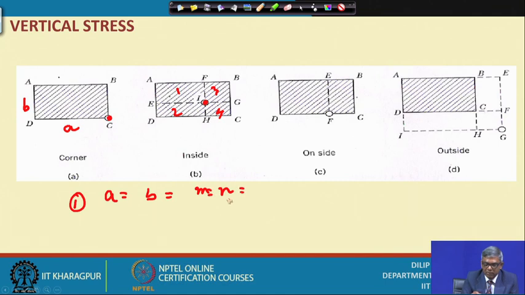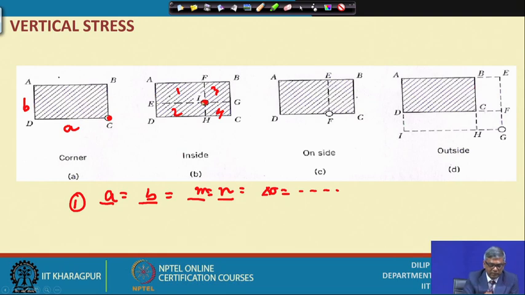I have to find these out and then apply the corner formula. Then what I will get is the effect of this foundation at this point. So, by doing this, I take footing 1, see A and B, calculate M, calculate N, and then calculate delta sigma using the corner formula. That means at a particular depth, because of this footing area, I get the stress at this point.